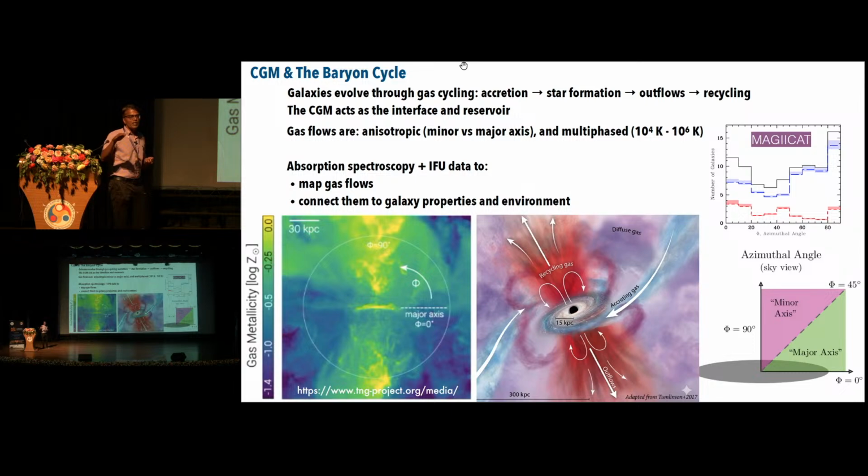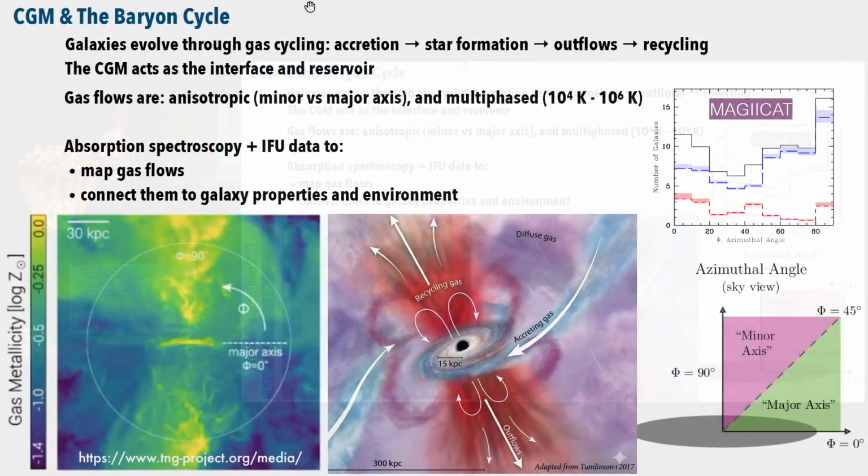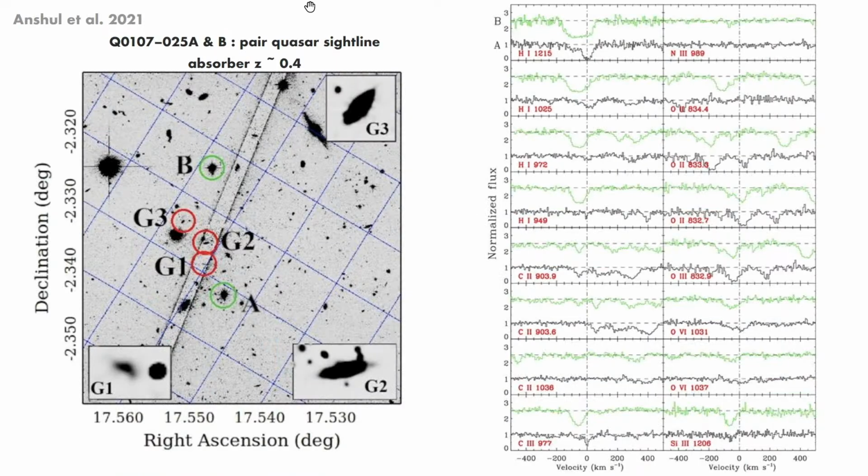If you take the major axis of the galaxy, most of the accreting material is likely to be found along the projected major axis, and the outflowing metal rich material is likely to be found along the minor axis. So what we have done in the last several years is to use integral field unit spectroscopic data from the MUSE IFU on VLT along with HST COS spectroscopy to study inflowing and outflowing gas along quasar absorbers.